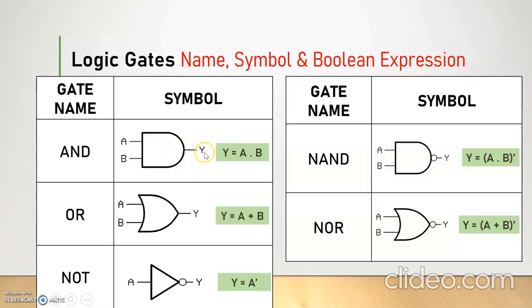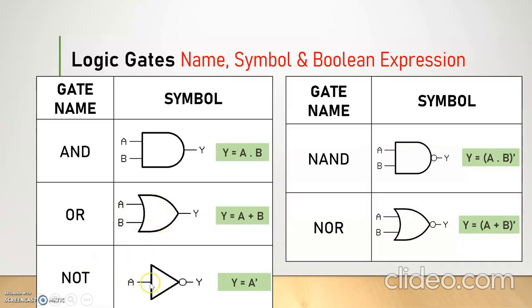This is output Y. OR gate is drawn like this. We have a curve here, and another curve here, another curve. This is called A or B. This is input A, B, and output Y. This is the symbol of gate OR.